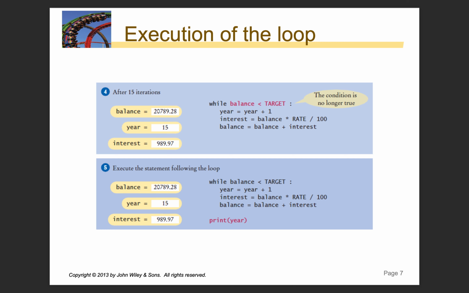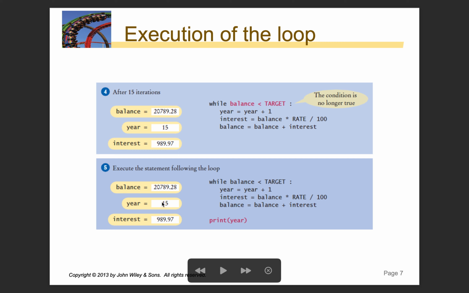$20,789.28. This is now greater than $20,000, so balance is no longer less than target, and we get a false here. Okay, our condition is false, it is no longer true, so we no longer run the code that's indented and contained within the while loop. We skip to whatever would be the next line of code somewhere down here, and in our case that's print year, and we print the value stored in the year variable, which is 15.